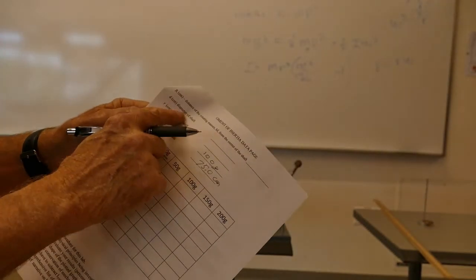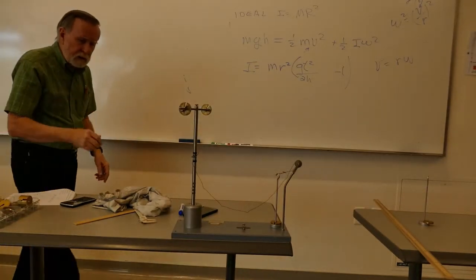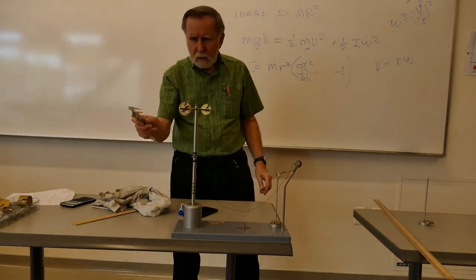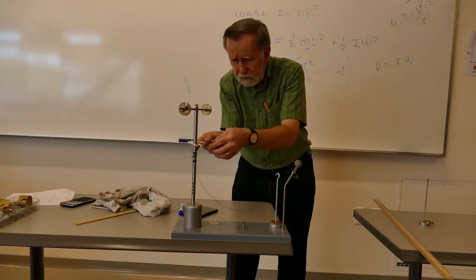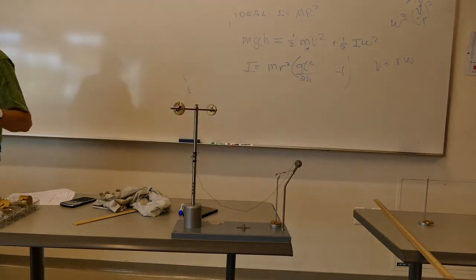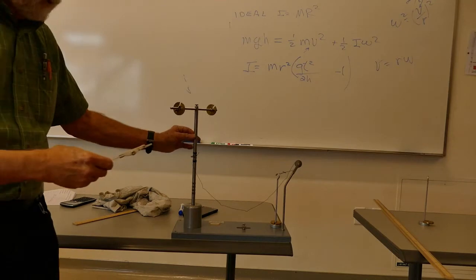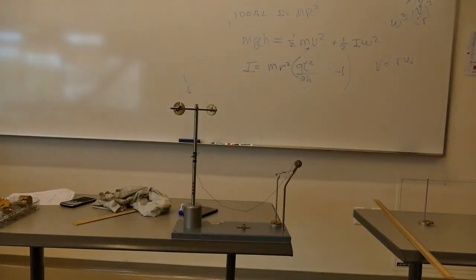Now the radius of the shaft, we need to measure that with the vernier caliper. So I'm going to take the vernier caliper and just clamp it onto the shaft, and then we can read that value. Now this gives us the diameter, of course, of the shaft that's being measured by the caliper.